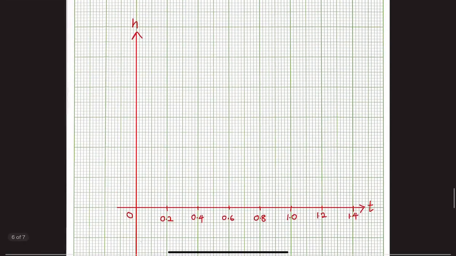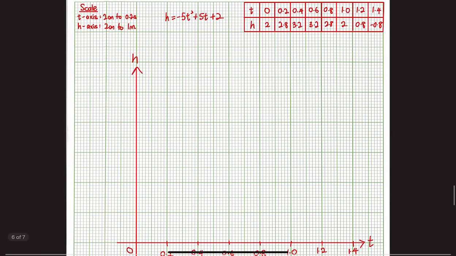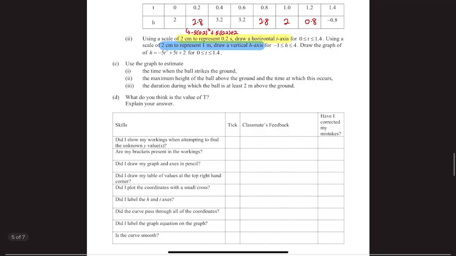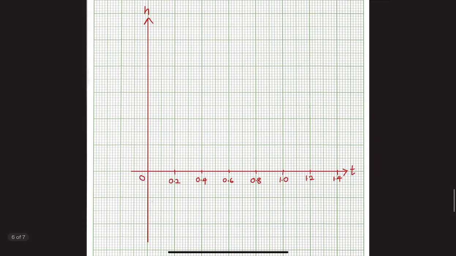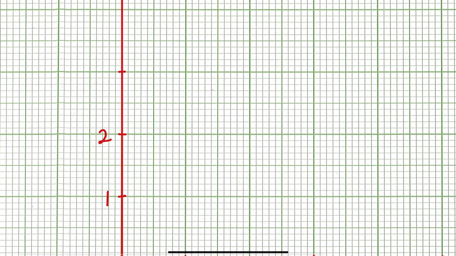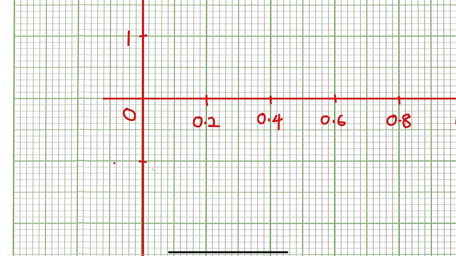This is your horizontal t-axis. Then the vertical h-axis, I have 2 cm to 1 meter. So this will be 1, this will be 2, this will be 3, this will be 4. Then backwards, I have -1, -2, etc.